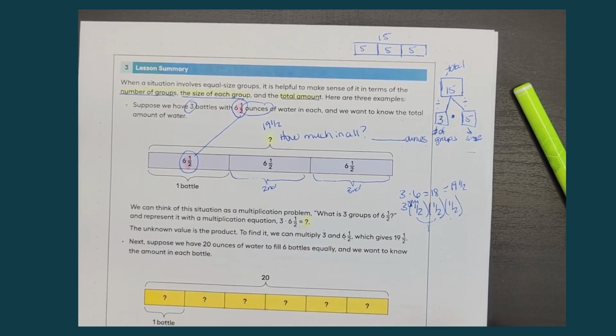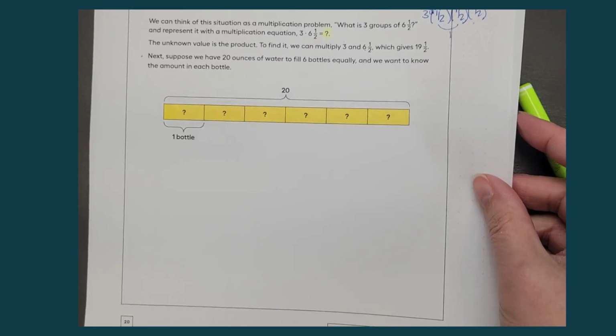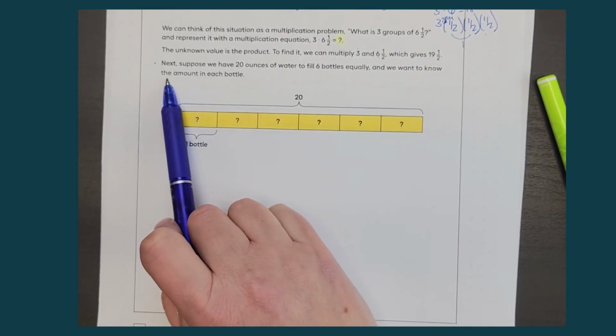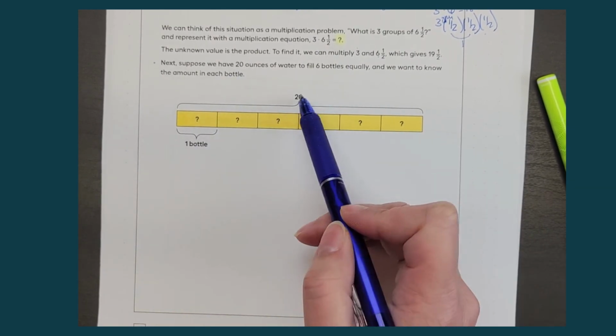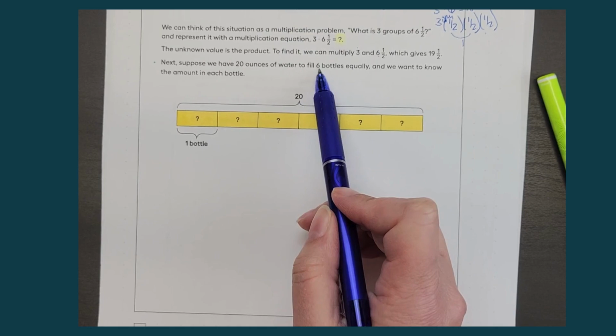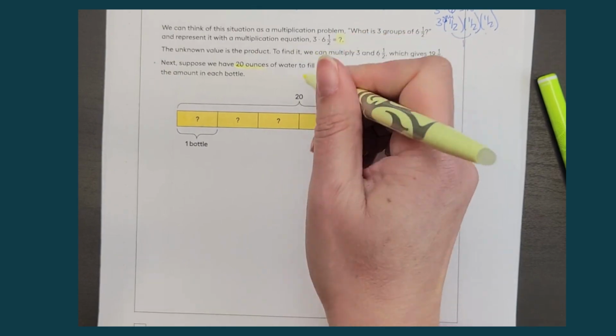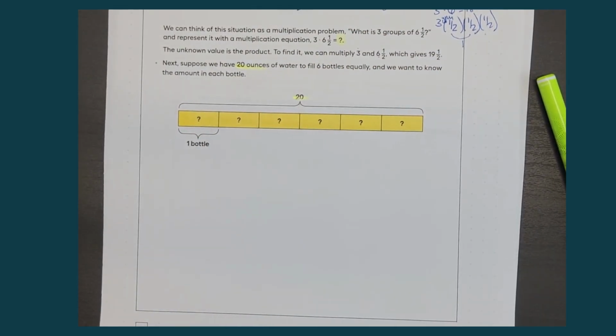The next one we're going to look at is here. It says, next, suppose that we have 20 ounces of water to fill 6 bottles. So in this case, I have 20 ounces. I'm going to connect those two things.